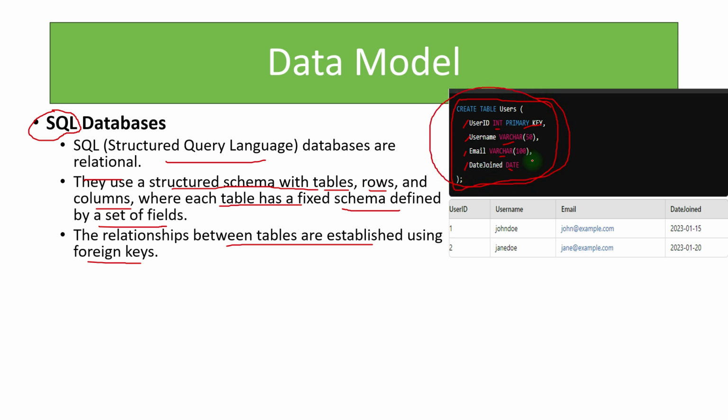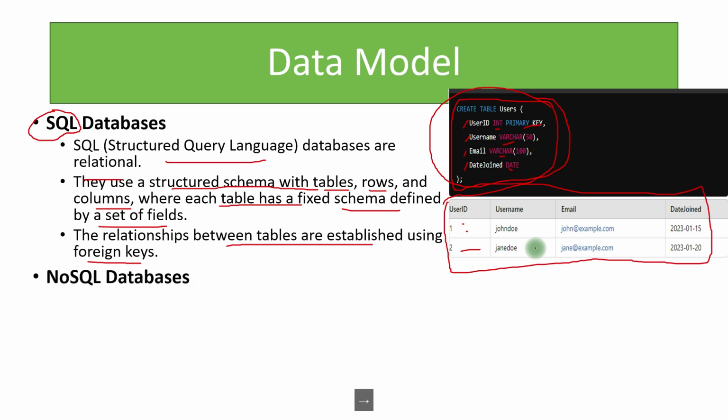When that table gets created, this is how it is going to look in the SQL world. This is the structure: user ID, username, email, date joined, and these are the respective rows of values. Later on, if I have to change anything, we can obviously change it, but as the data grows, with a huge amount of data, changing this structure is really complicated and creates problems.